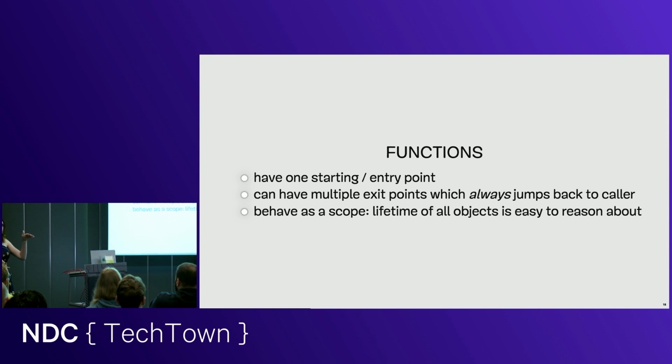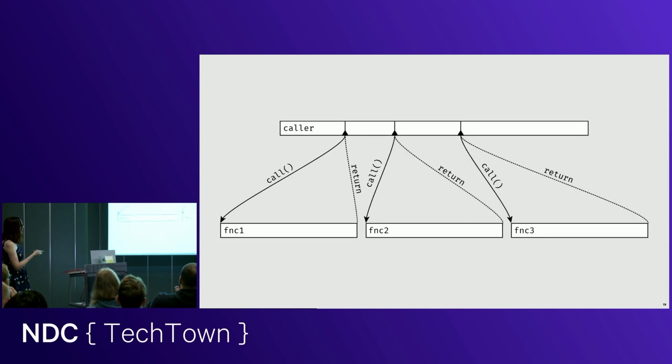And because they behave as a scope, the lifetime of the members is really easy to think about. Functions look like this. You have a caller, which will call something and go back, call another thing, go back, call another thing, go back. Everyone knows functions. Maybe spaghetti; maybe developers from Italy don't like functions because of spaghetti development.